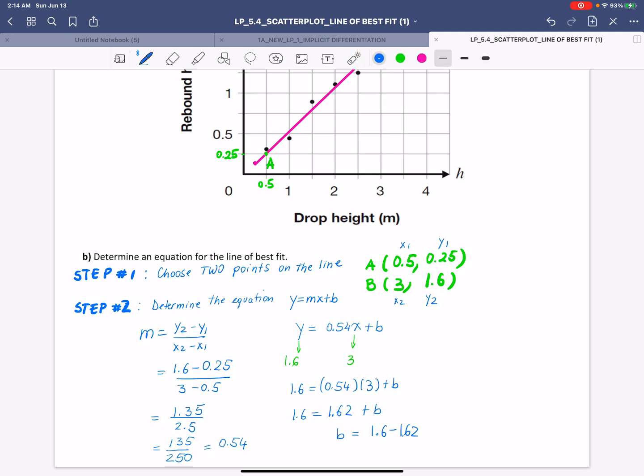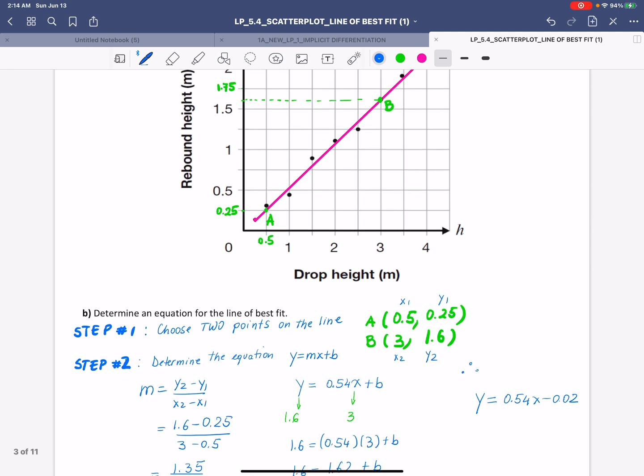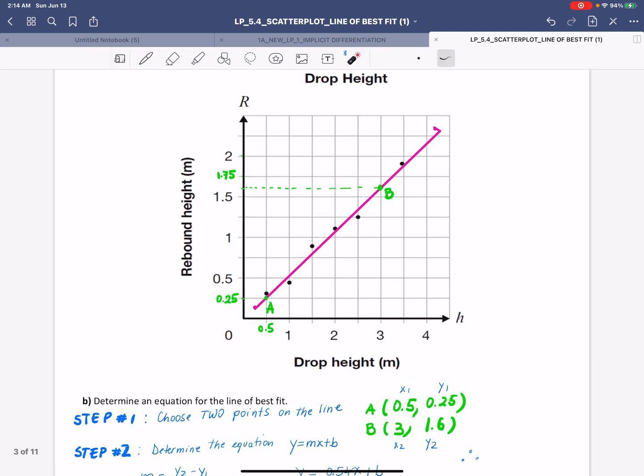So b equals negative 0.02. So we're going to say that the equation of the line of best fit is y equals 0.54x minus 0.02.